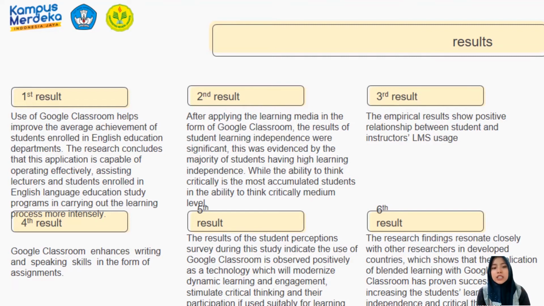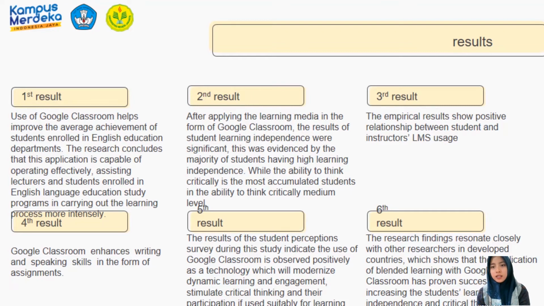Because the respondents of this article were in junior high school, but by using Google Classroom, they can have critical thinking at a medium level. It means that this tool is very effective for learning English.